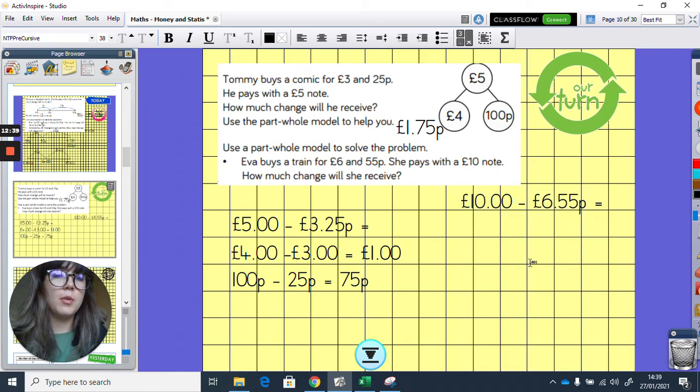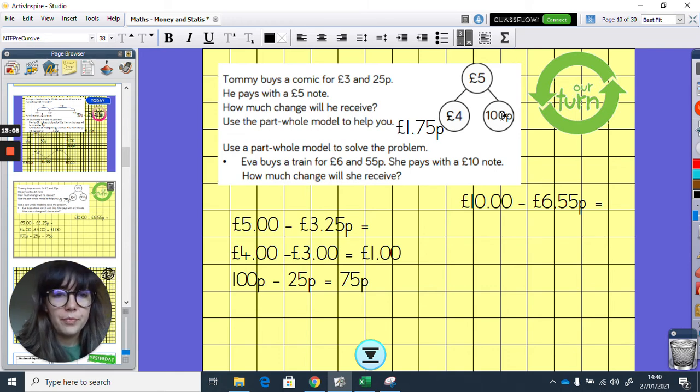Right, the part whole model is going to split up our £10 into £9 and 100p, because £9 and 100p will be £10. So he's splitting up this one, like we have here. Then we're going to take away the pounds from the pounds and the pence from the pence. Have a go at this. If you can't do it using the part whole model, you use a number line. Pause the video here, and then I'll go through the answer in a sec.